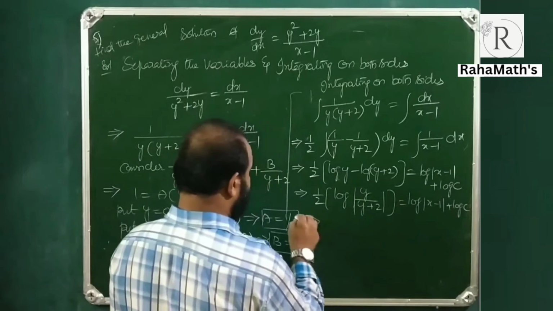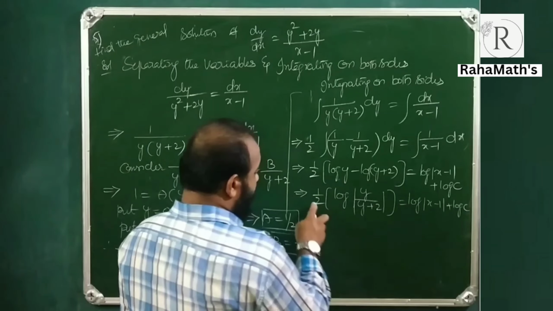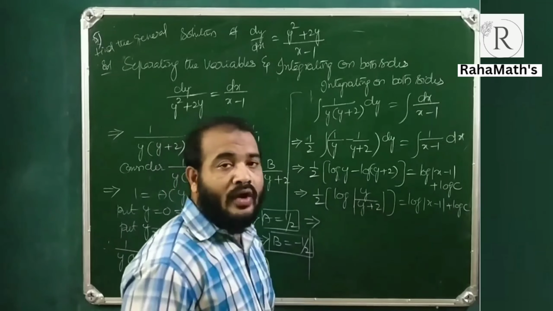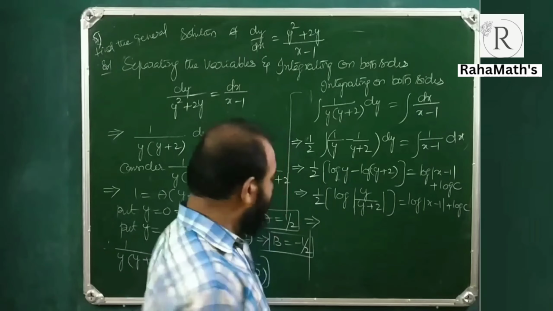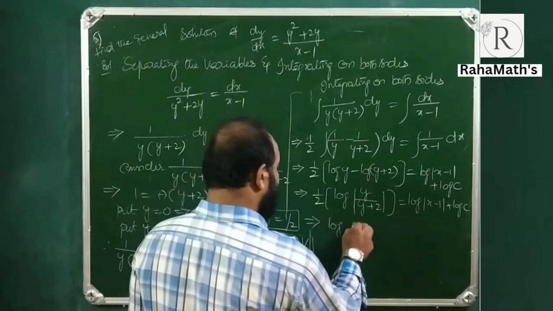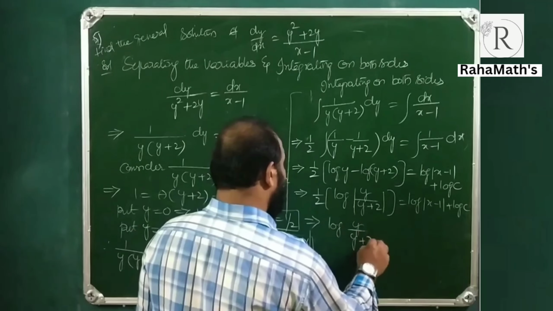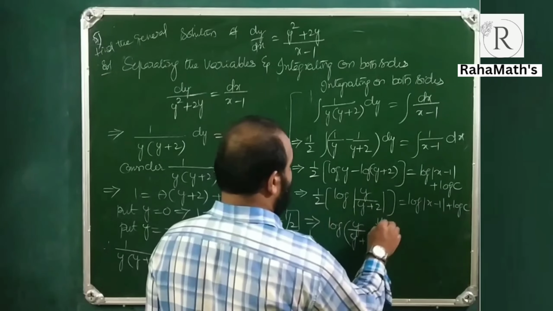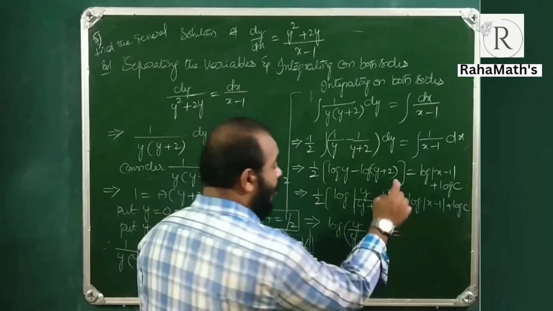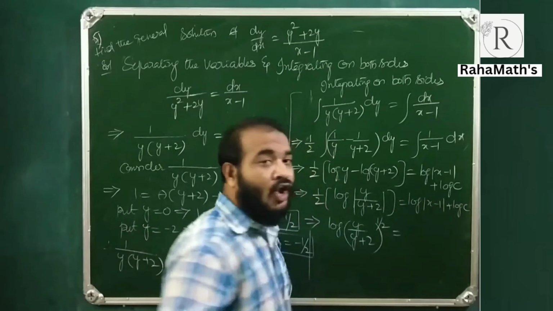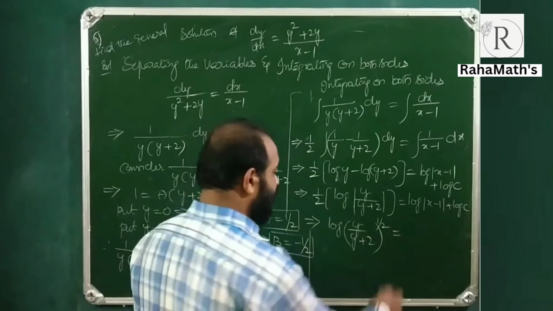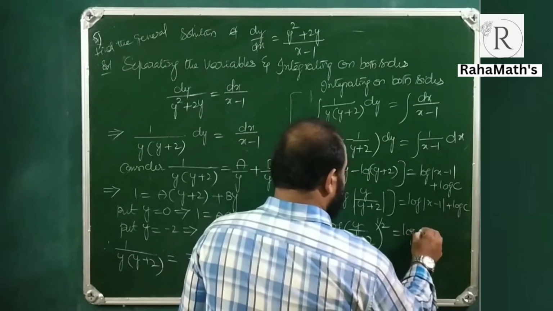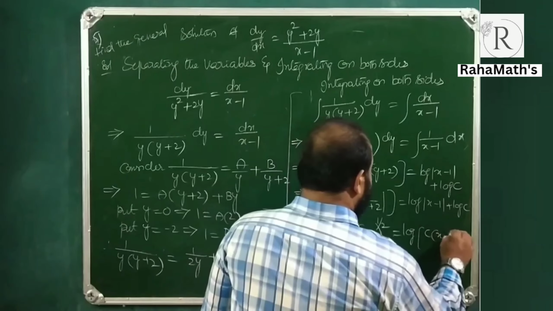Since m log a is log a to the power m, this is log of (y by (y + 2)) to the power 1 by 2, equal to log a plus log b, which is log ab. So this is log of c into (x − 1).